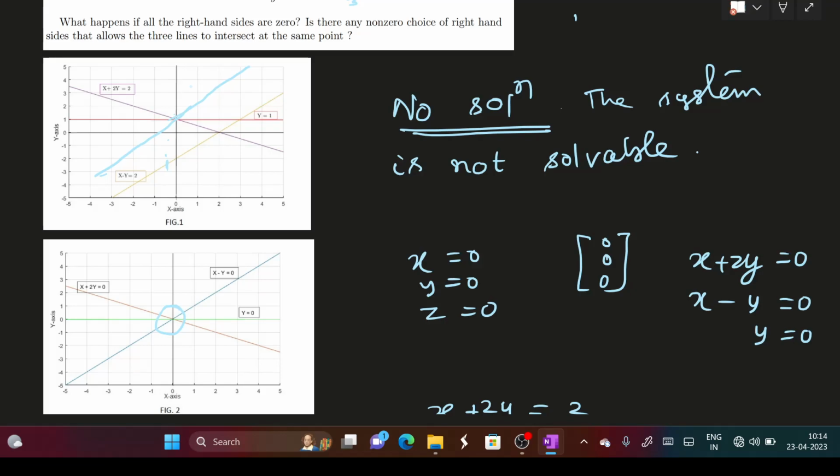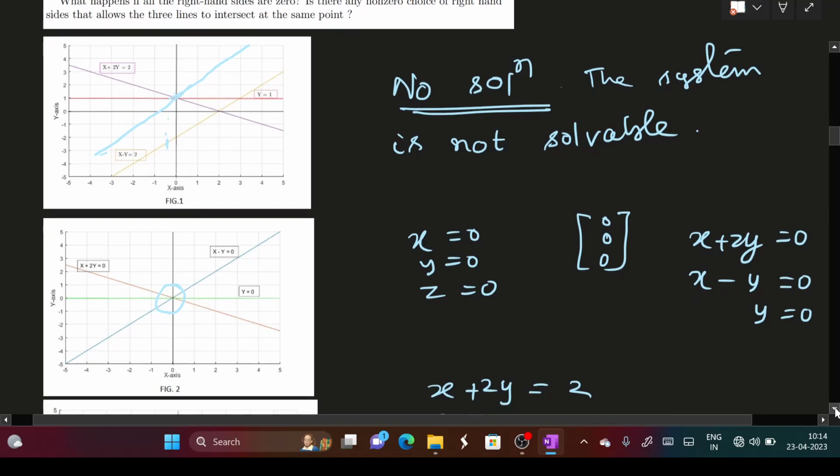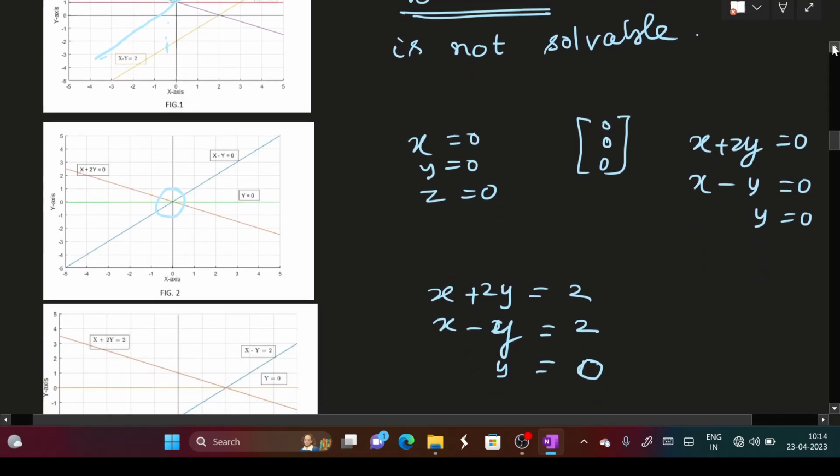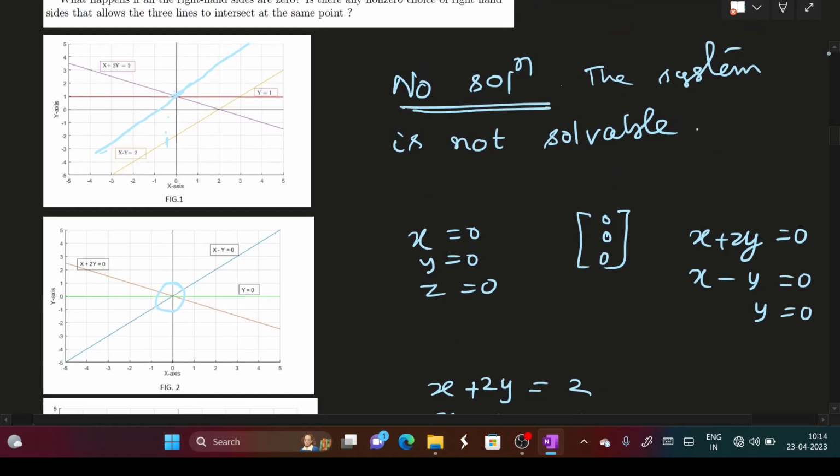So one choice is changing the 2 to 0. Another choice is that I have not changed the last equation, I have changed the second equation. What is the coordinate of the point? It is x is equal to 0, y is equal to 1. So put x equal to 0, y is equal to 1. How much are we getting?